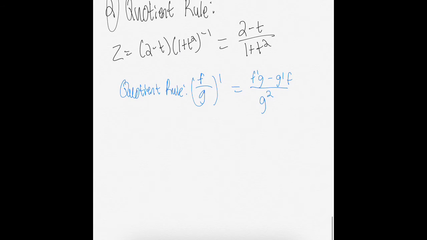Now, the way that I think about this, the way that I remember this, and I'm not going to go through it in detail here, but notice that you can actually derive quotient rule from product rule. So notice that f over g is just f times g inverse. And then we can use product rule and chain rule to get this formula here.